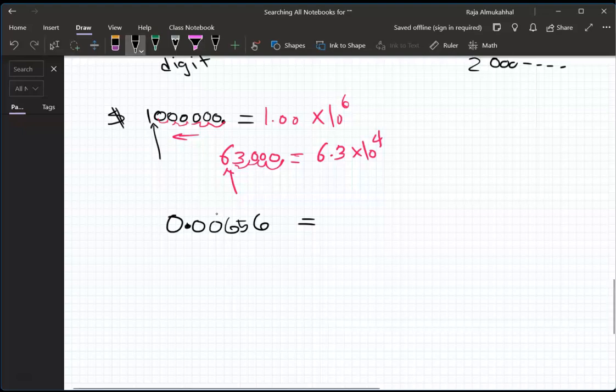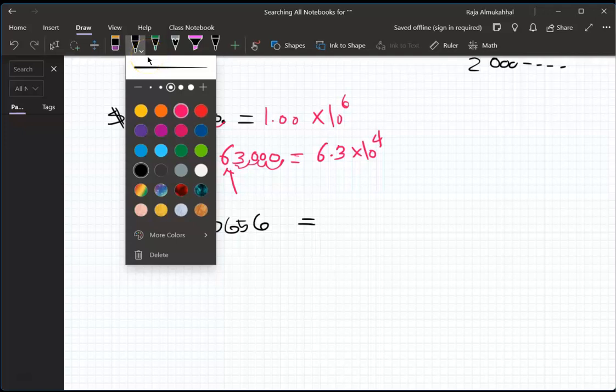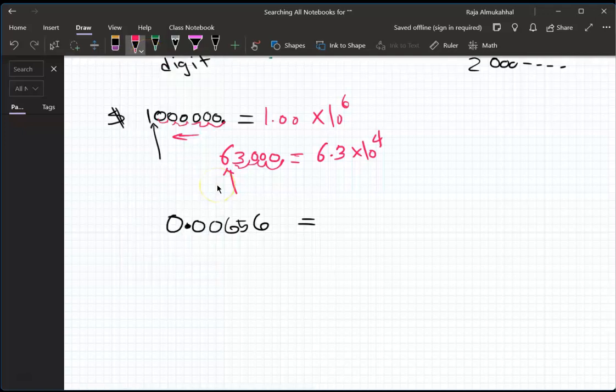Let's count them. Just use another color. So it's going to be 1, 2, 3. So 3 steps. But I move to the right. So that means, start from here, you have 6.56 times 10 to the negative, how many steps did I say? 1, 2, 3. Negative 3. And there we go.